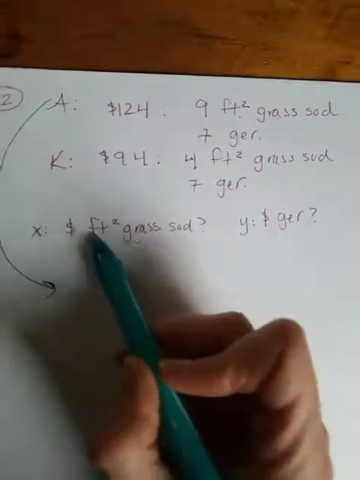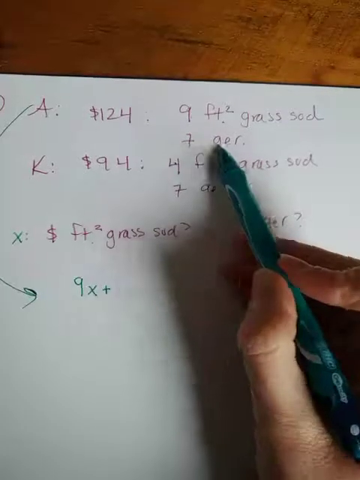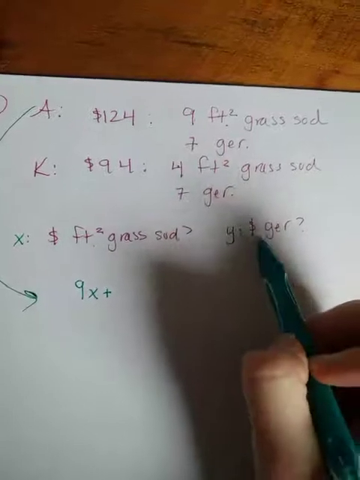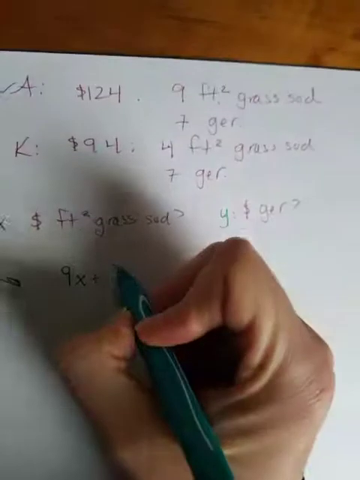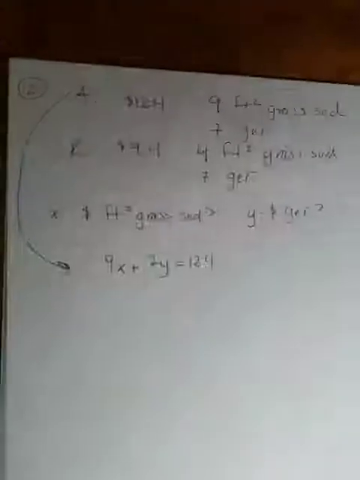X is the cost for the square feet. So I'm going to write 9X plus. This person bought 7 geraniums. Y is the cost of geraniums. So plus 7Y equals, how much did this person spend? $124. So that's your equation for Arjun.